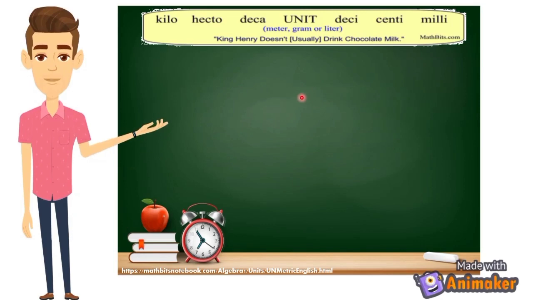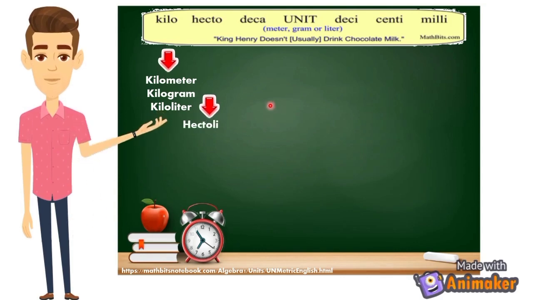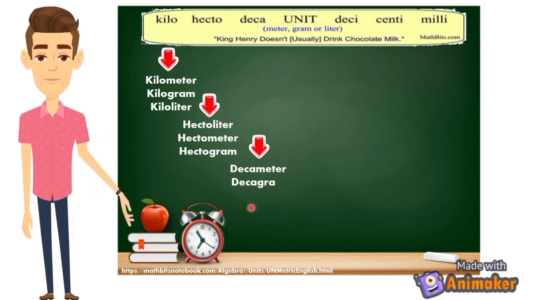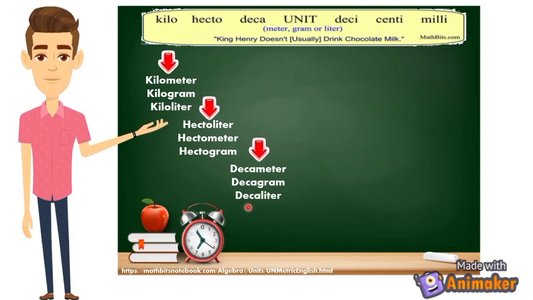Okay, ano ba yung mga example under kilo? So we have kilometer, kilogram, and kiloliter. For hecto, we have hectoliter, hectometer, and hectogram. For deca, we have decameter, decagram, and decaliter.